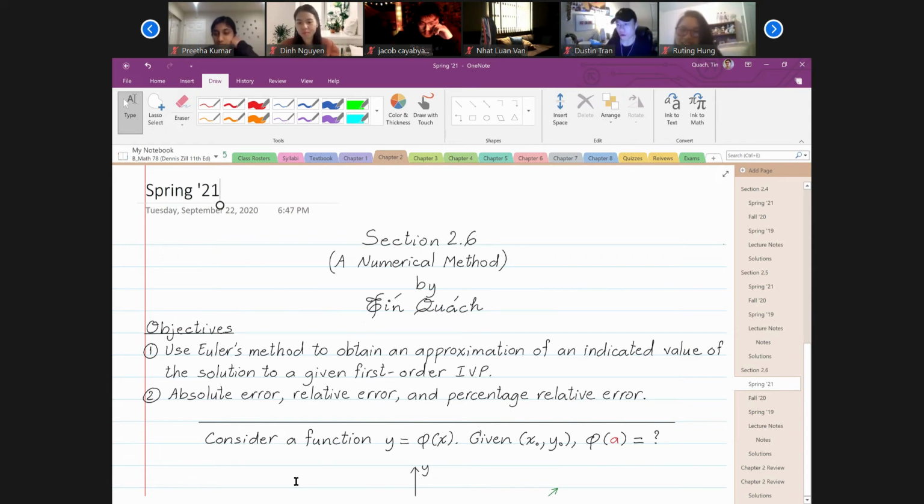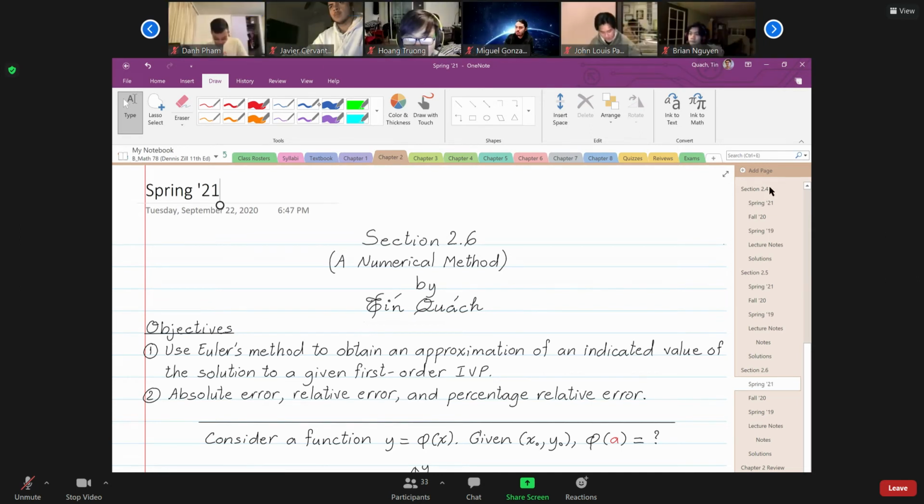Yeah, I need an extra lamp near my desk to make the room brighter. Okay, if I turn off the light in the back, then my face is a little brighter. So can you see my face? Okay.